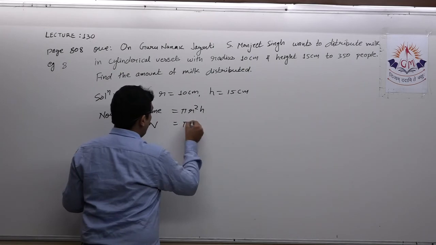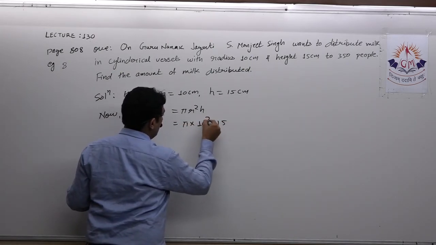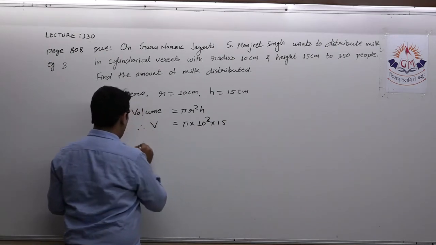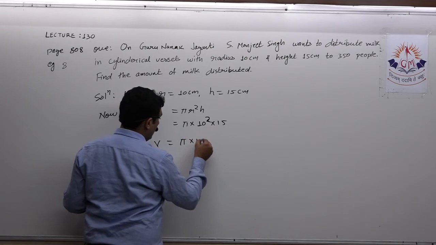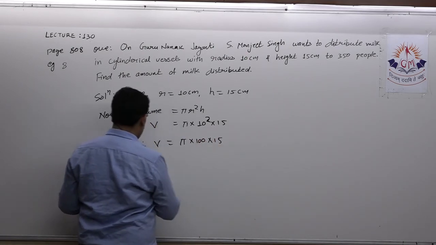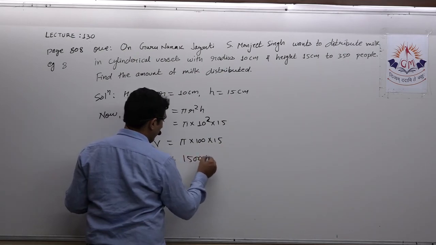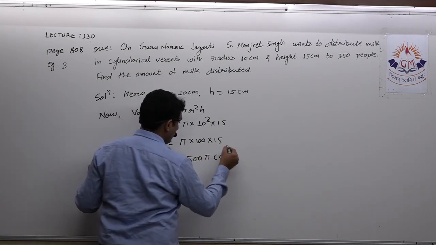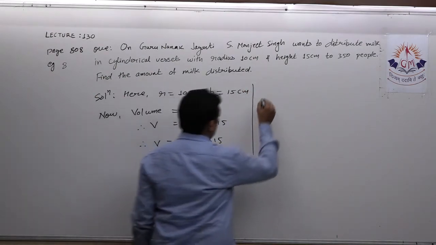So here pi r square, r is 10 and h is 15. So here I can say volume is equal to pi into 100 into 15. Therefore volume is equal to 1500 pi centimeter cube. That is the volume of one glass.